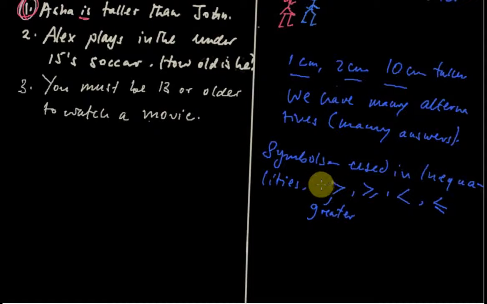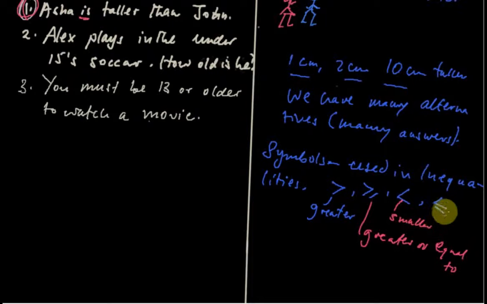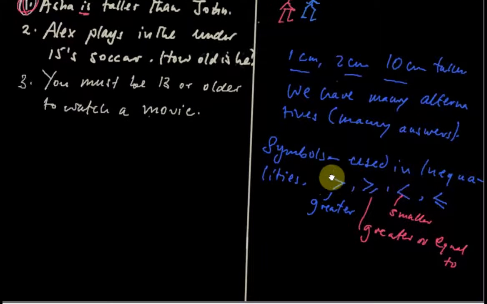This one will be greater or equal to. The same here: this is going to be smaller, and this is going to be smaller or equal. Mind you, the consideration here is that the number we talk about is to the left.